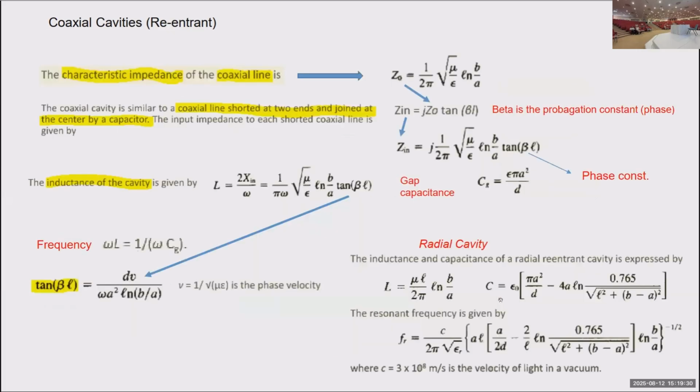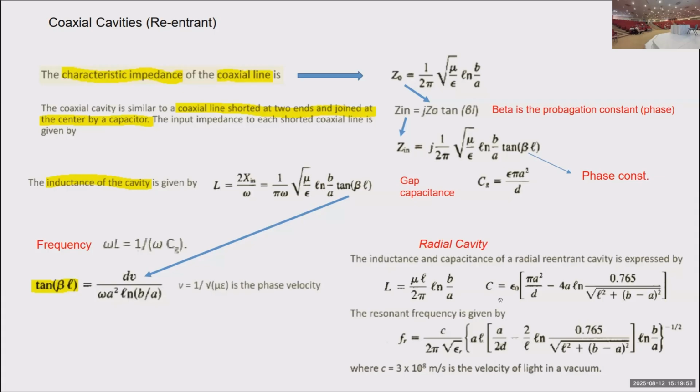Let's go a little bit further. We are sitting in re-entrant cavities, and maybe you think I have to solve these ones, and you have to think about the coaxial impedances. You know, coaxial lines have a characteristic impedance.